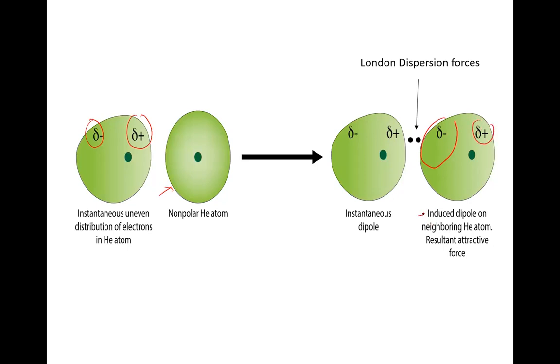We call this an induced dipole on the neighboring helium atom, resulting in an attractive force. So when this side becomes partially negative and the other atom's side becomes partially positive, they will attract each other. This attraction or interaction we call London dispersion forces.